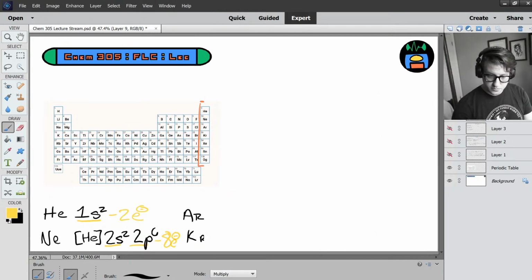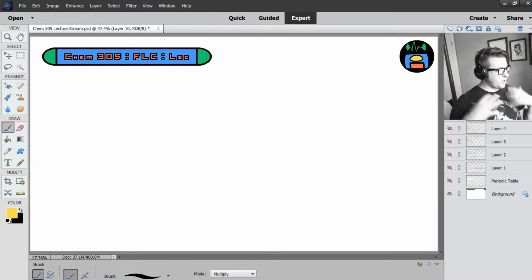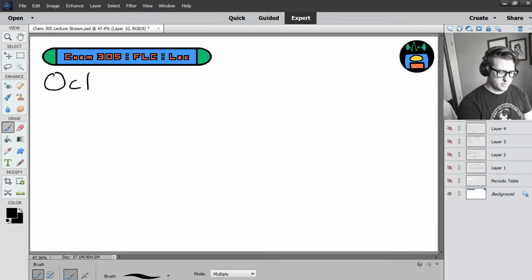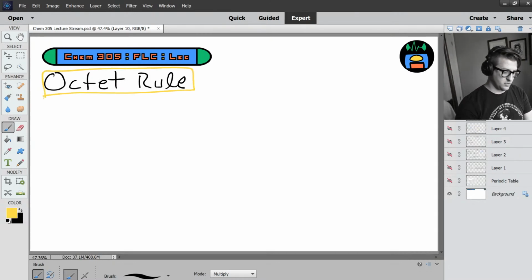So the fact that all other main group elements want to have the same configuration as a noble gas, we call the octet rule. And we do it because, with the exception of helium, every other noble gas has 8 valence electrons. So helium has 2, everyone else has 8.